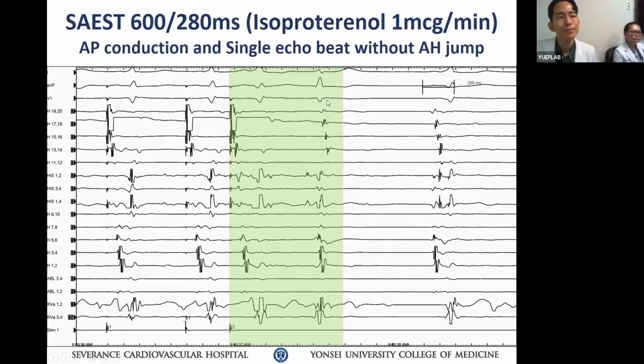But a similar argument is that this could be an echo beat also. During the echo beat, you have no delta. So even at the faculty dinner meeting of KHRS, I asked about this finding to Dr. Scheinman, and he told me the Kent bundle without retrograde conduction is extremely rare.